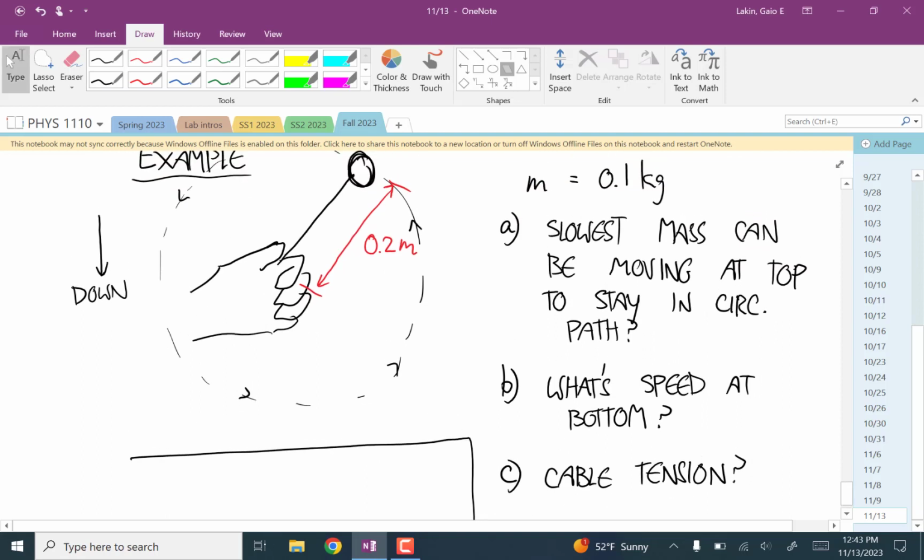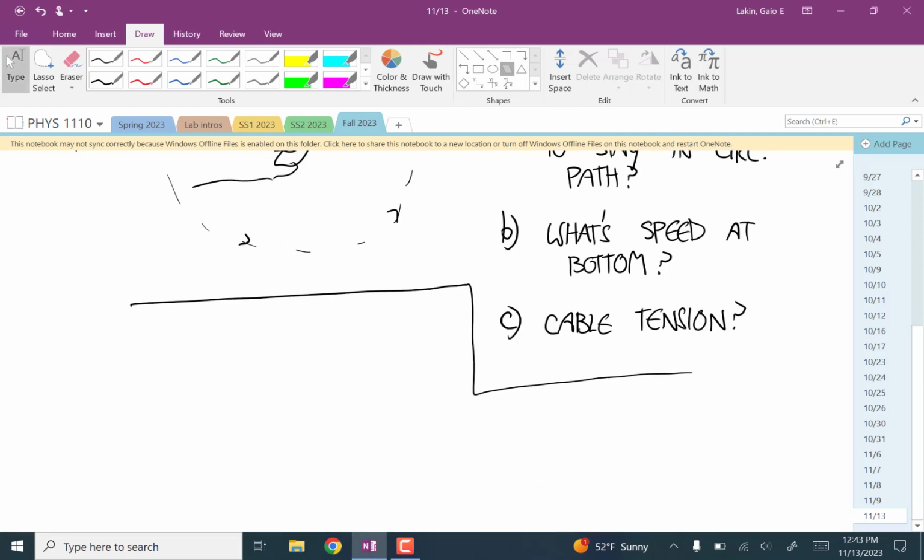So basically what we're doing is figuring out how strong that string has to be if we're going to go the absolute slowest we can and still have this mass move in this circular path. Okay, so first, for part A, we're going to look at the top of the path.